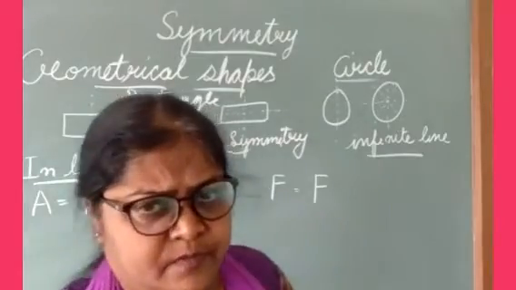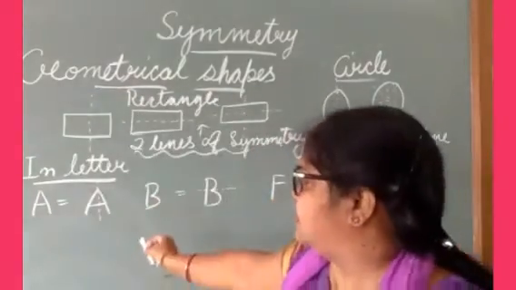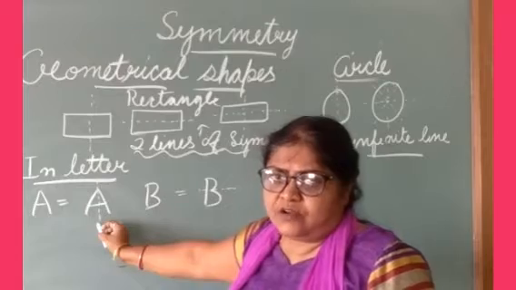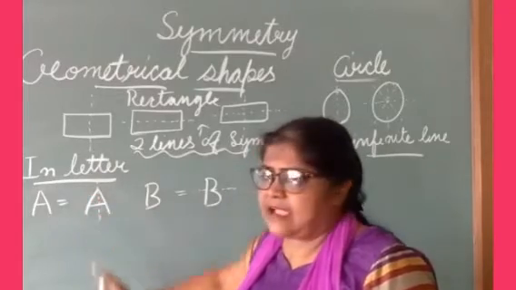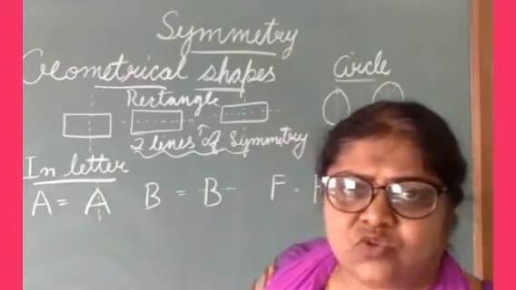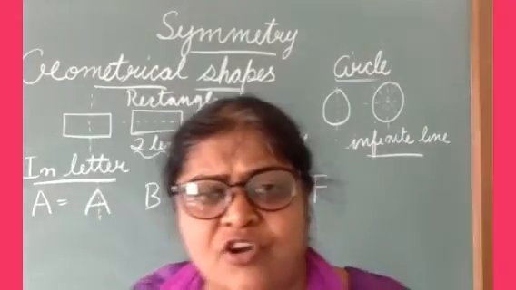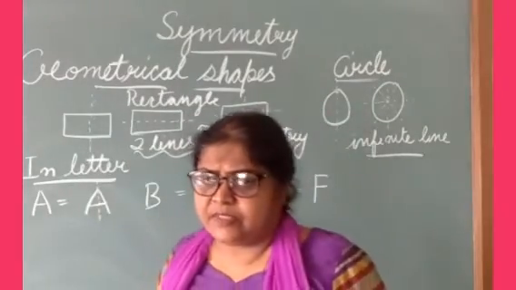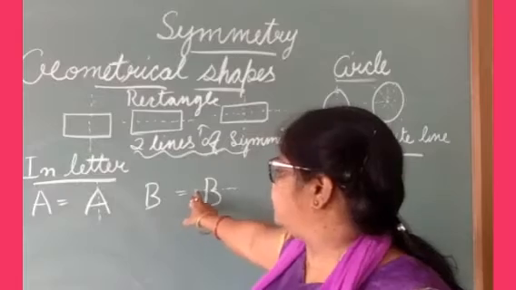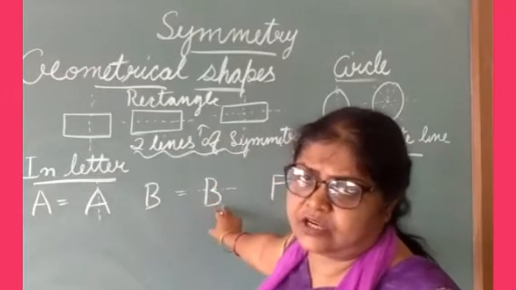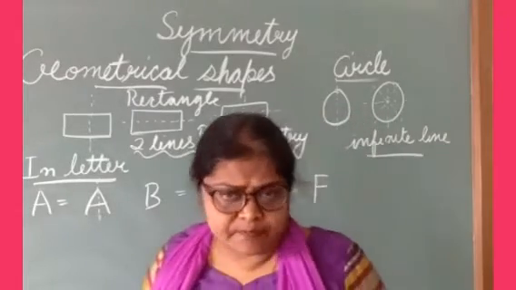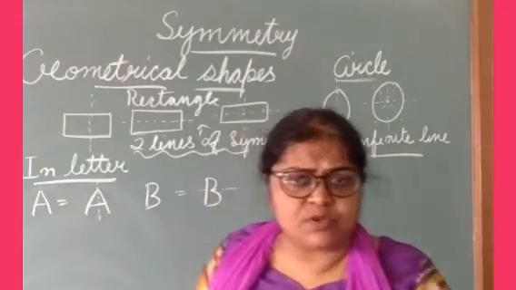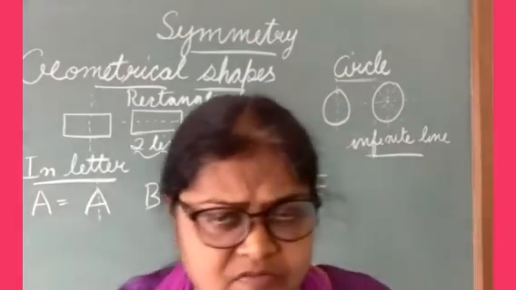So in A, when you draw one line, this side and this side will be the same. In B also, if you draw a line, the upper portion and lower portion will be the same. So you can draw one line of symmetry.